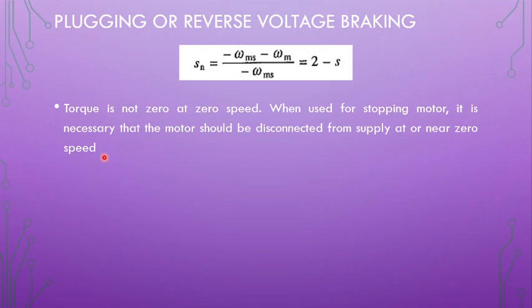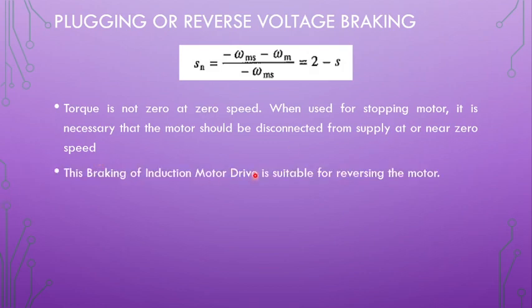Otherwise the motor will go to the generating mode and the kinetic energy will be converted to electrical energy given to the grid and the motor will stop. That is not our intention. Here we are speaking about changing or reversing the direction. So we have to take the utmost care: when we want to stop the motor, we have to disconnect it. If you want to reverse the motor, then absolutely no problem. If you want to stop the motor, we have to take utmost care that when the speed is reaching near 0, we disconnect the supply.